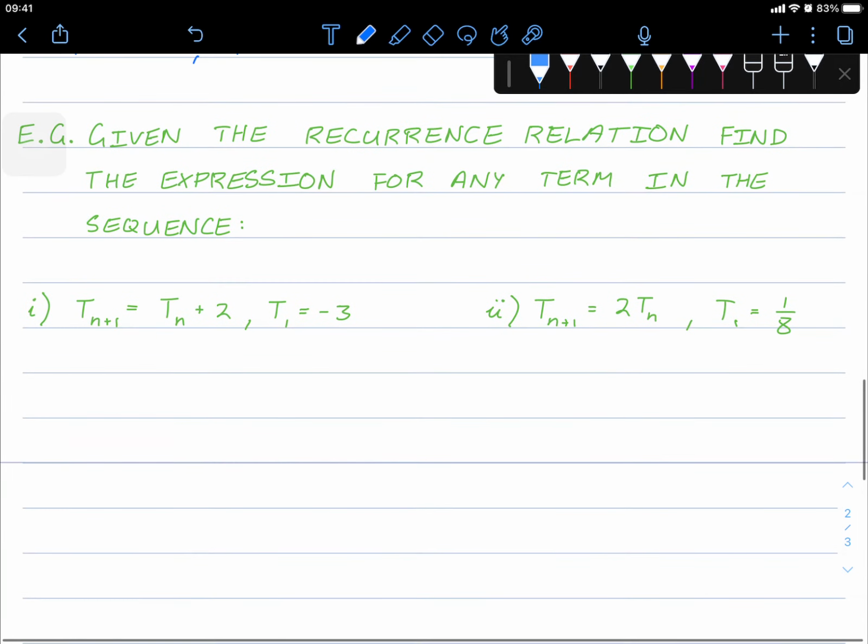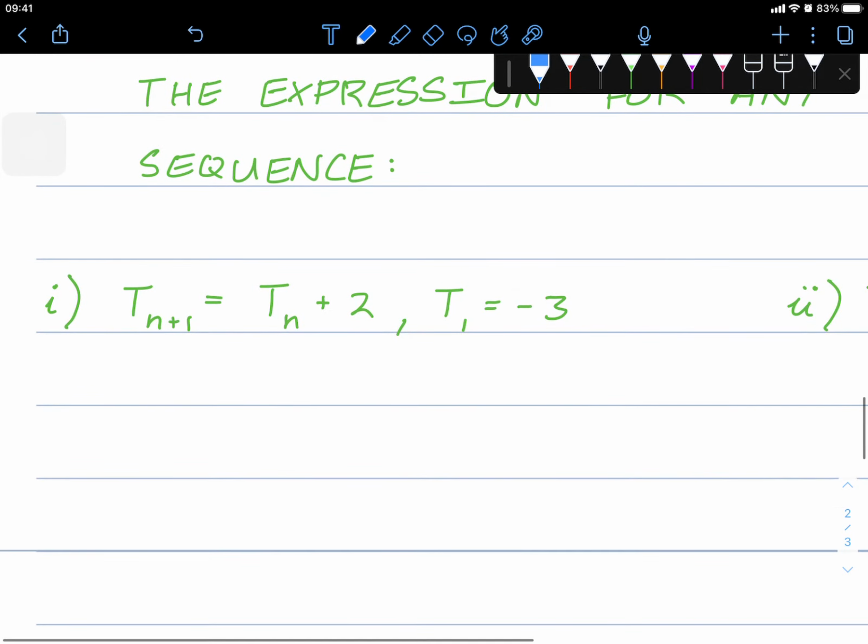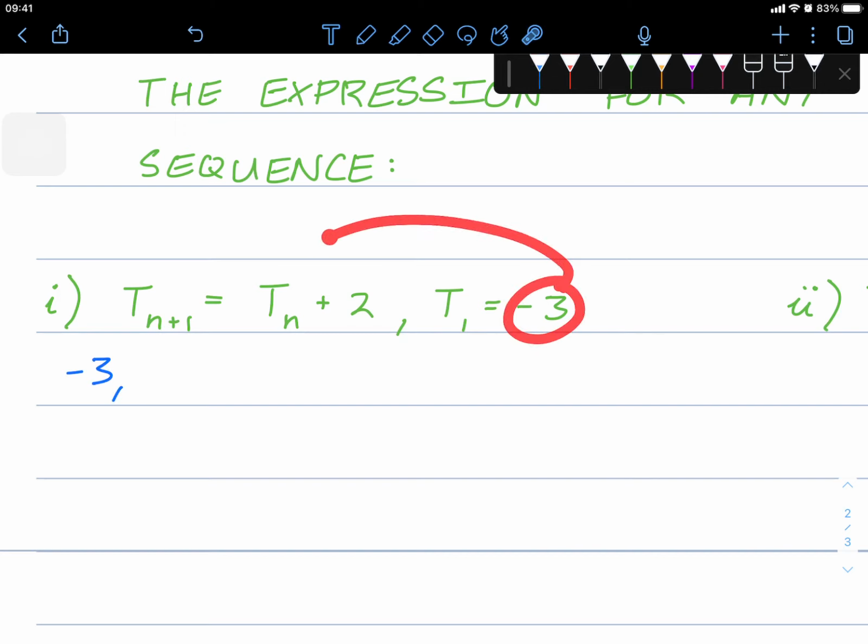Now, going backwards, so given the recurrence relation, find the expression for any term in the sequence. Well, it's always good just to start making the first few terms. T1 is -3. The next term is -3 substituted plus 2.